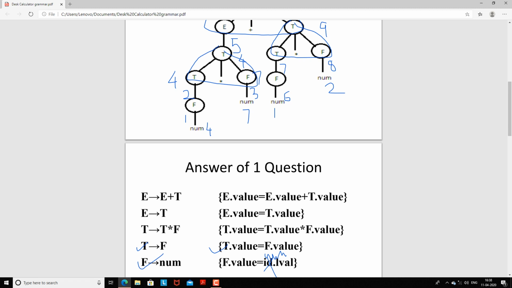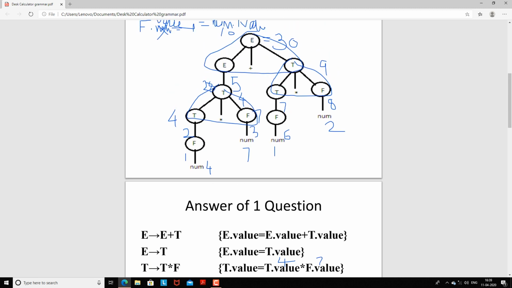So T tends to T into F is nothing but T dot value equals T dot value into F dot value, meaning 4 into 7, which is 28. So 28 is stored here. Again the same 28 value is moved here.